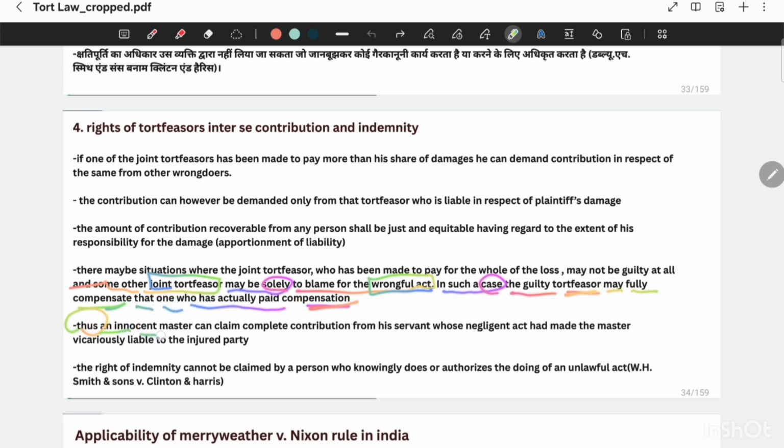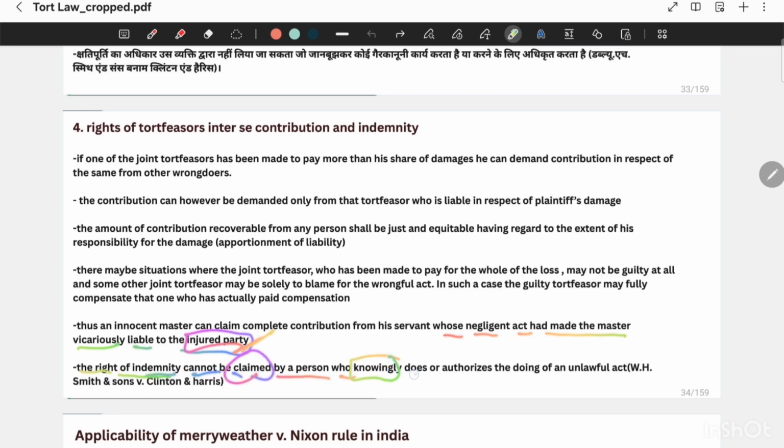Thus, an innocent master can claim complete contribution from his servant whose negligent act had made the master vicariously liable to the injured party. The right of indemnity cannot be claimed by a person who knowingly does or authorizes the doing of an unlawful act. W. H. Smith and Sons versus Clinton and Harris. Important case law.